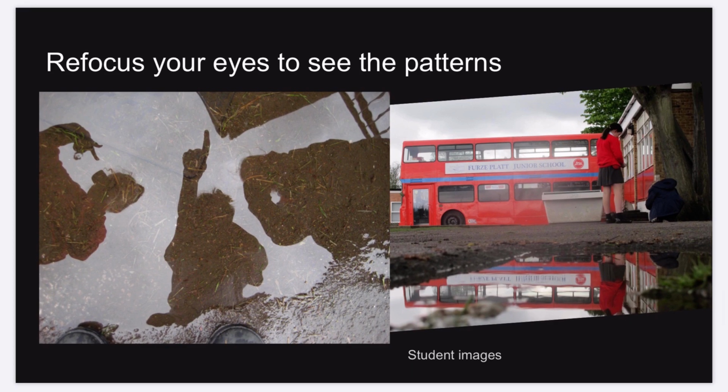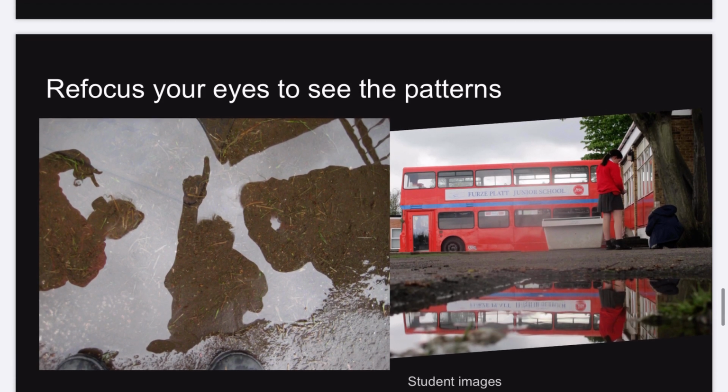These are student images taken around the premises. Again, it's just practice. The one on the left is some rain. We've still got some bright sunlight, but we're just using shadows and reflections. On the right, the red bus is totally mirrored in that puddle on the floor, and you have to change your viewpoint to get those things.